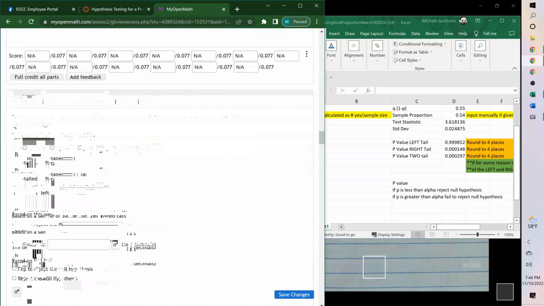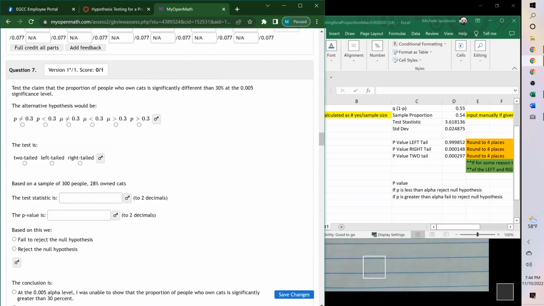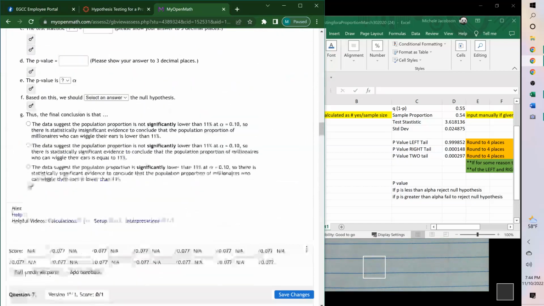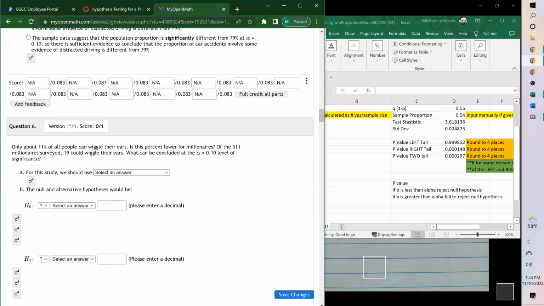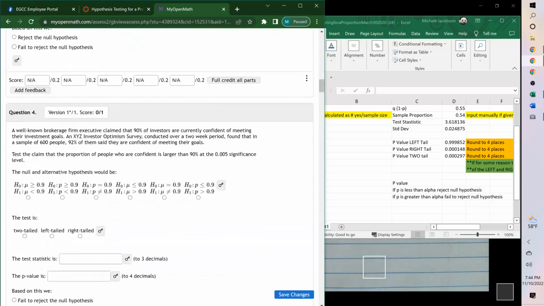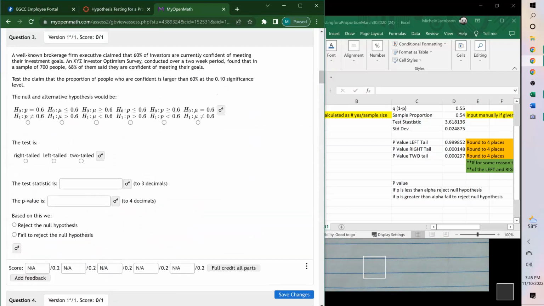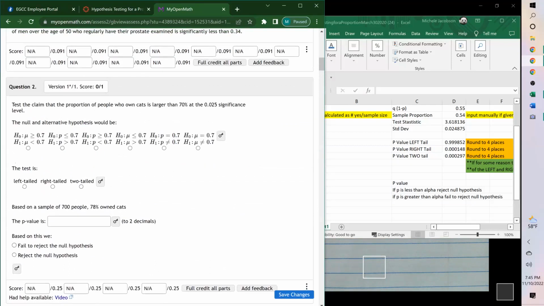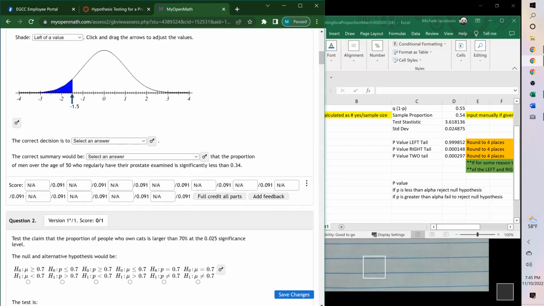Here we go. Oh no, that's cats. Test the claim that the proportion of people who owned... It's probably similar to that one. But it's test the claim proportion. I got cats for both my test claims.